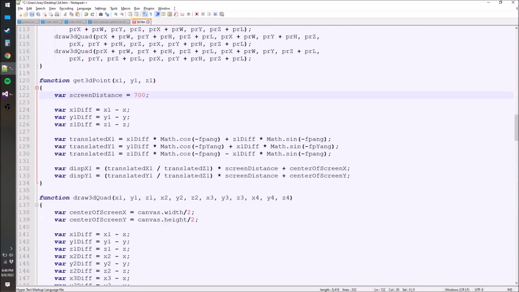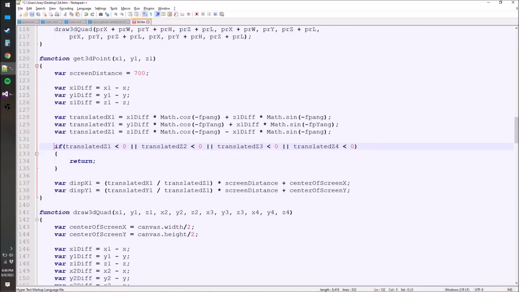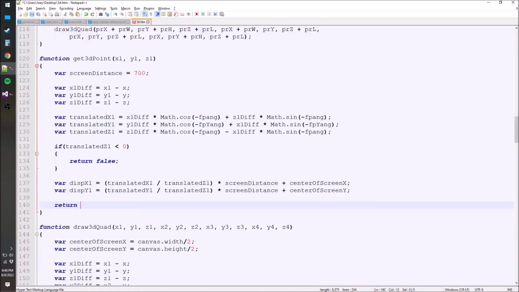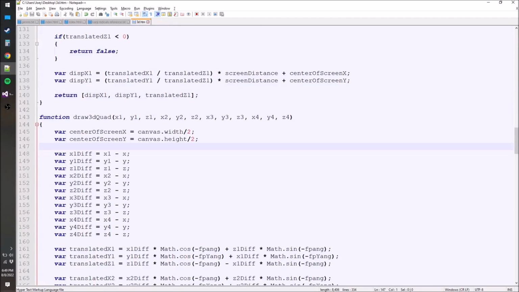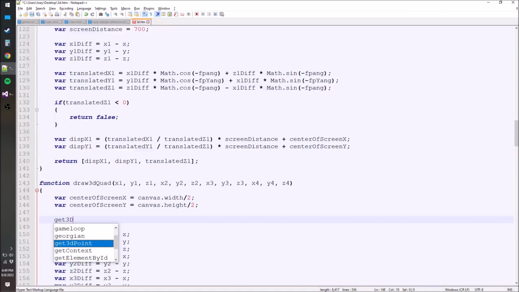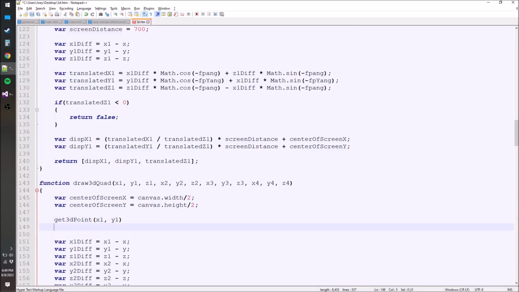This in here. False. Else we're going to return disp x1, disp y1, translated z1 as well. And then we can say get 3D points, x1, y1, right? And then just do this for 4 of them in a row.